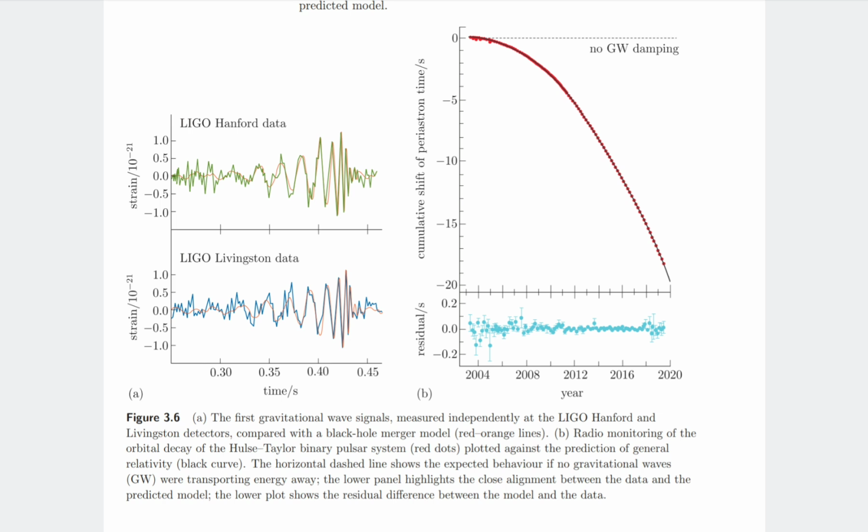The horizontal dashed line shows the expected behavior if no gravitational waves were transporting energy away. The lower panel highlights the close alignment between the data and the prediction model. The lower plot shows the residual difference between the model and the data.